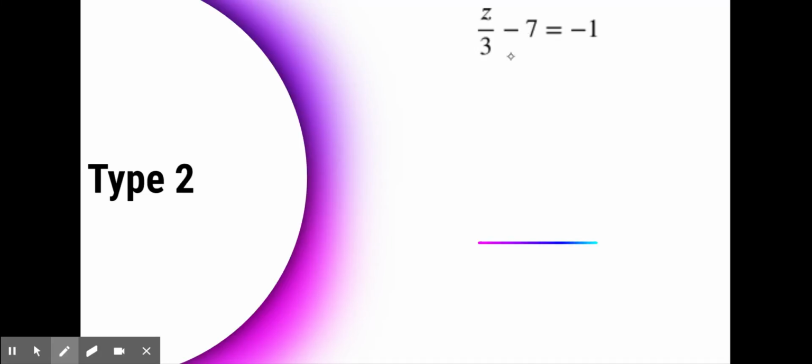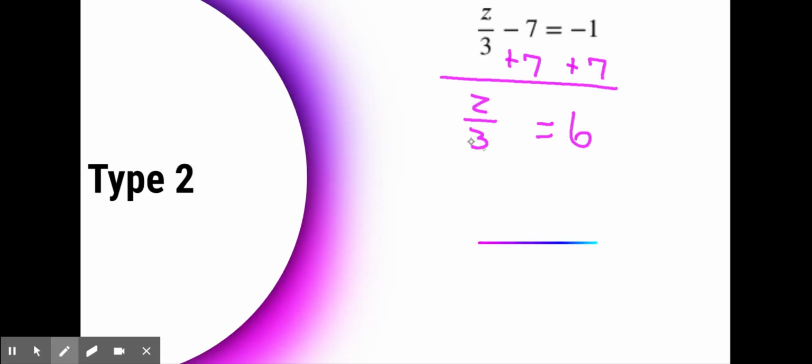So the inverse to minus 7, the inverse operation is addition. So I'm going to add 7. Whatever I do to one side, I have to do to the other. I'm going to bring down the z over 3. Minus 7 plus 7 is 0, which is what I wanted there, equals negative 1 plus 7 is 6.